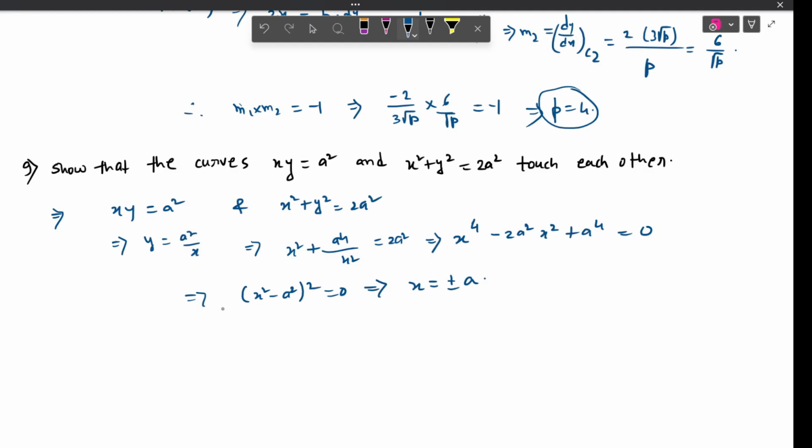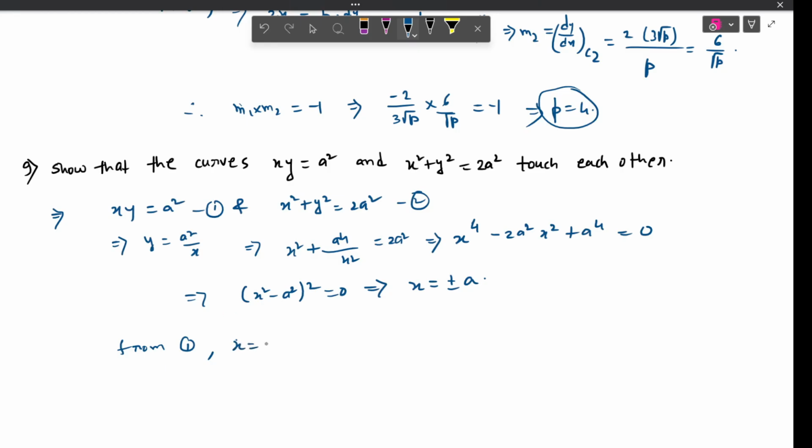Now from 1, let us say this is our equation 1, this is our equation 2. So from 1 we get, if we put x equals to a, we will get y equals to a, right? And if we put x equals to minus a, we will get y equals to minus a.